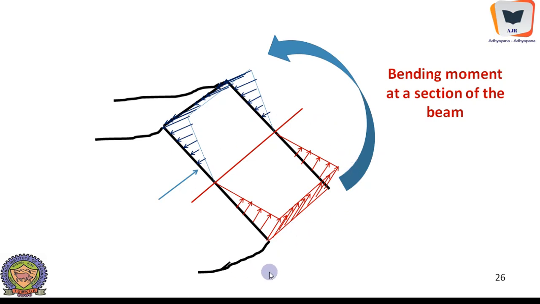Therefore it forms a typical triangular distribution, and here too. And in the next tutorial series we are going to prove that there exists an axis which passes through the centroid of this particular section, called the neutral axis, which doesn't experience any stress. Stress here is 0, therefore it is typically called the neutral axis.